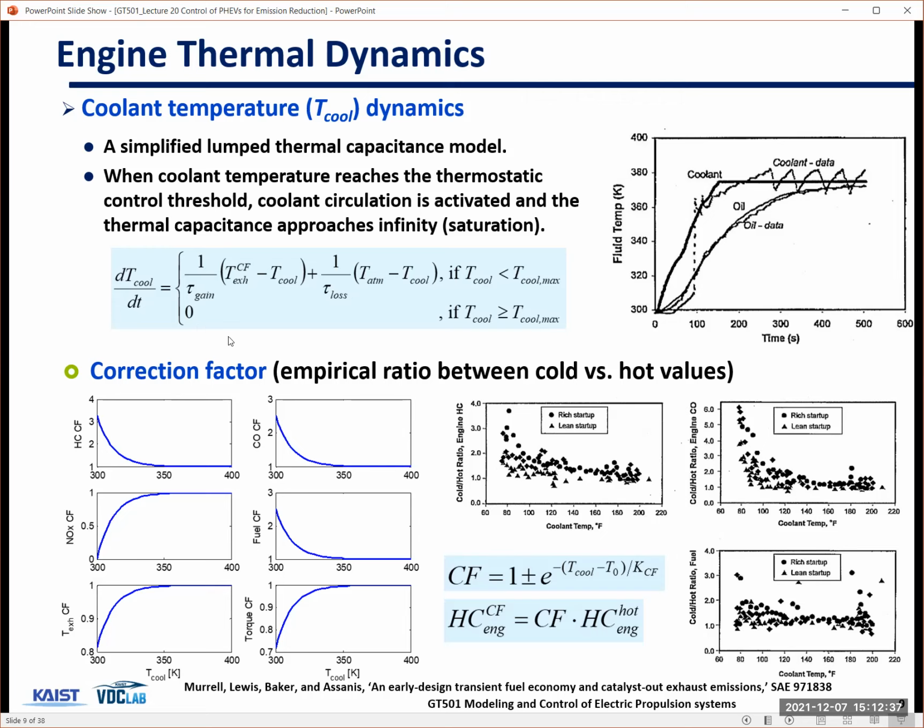This is a simple one degree of freedom heat transfer model, except for this part. When coolant becomes too hot, the cooling system starts to work, and the coolant temperature is maintained constant, usually about 90 degrees Celsius.